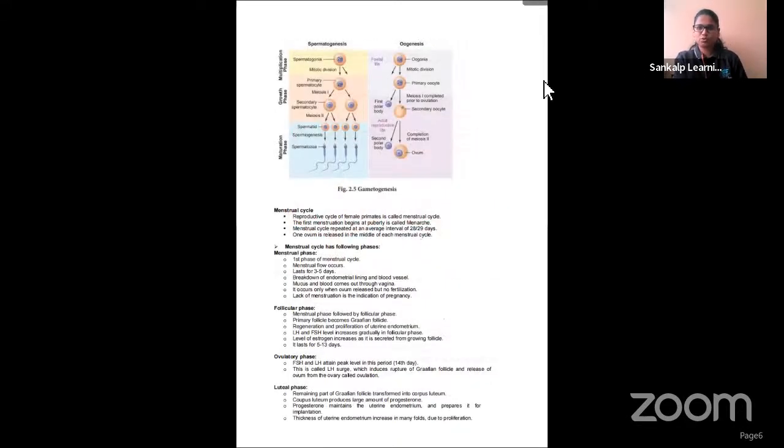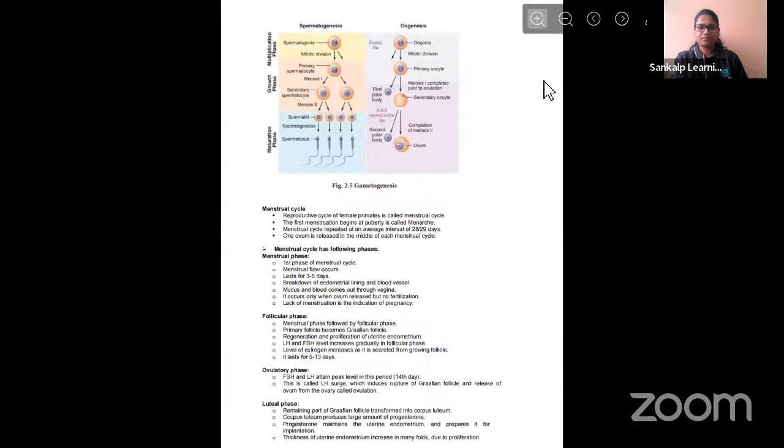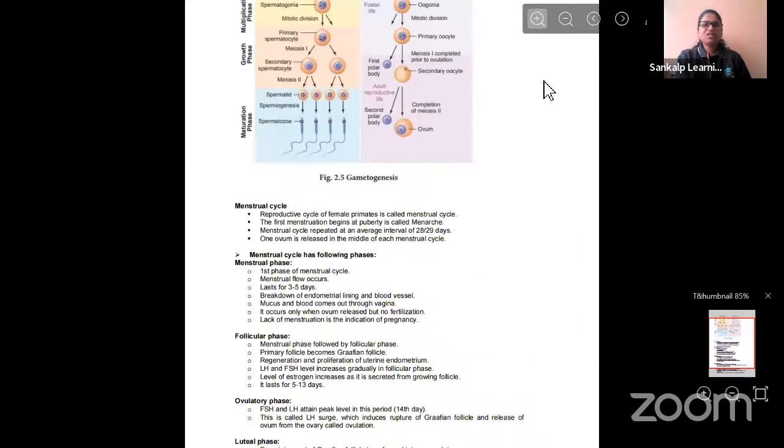I will just zoom it. The menstrual cycle has the following phases. First one is the menstrual phase, that is the first phase of the menstrual cycle, which lasts 3 to 5 days. Next one is the follicular phase, or we can also call it the proliferative phase, which is from 5 to 13 days, or we can say 6 to 14 days.